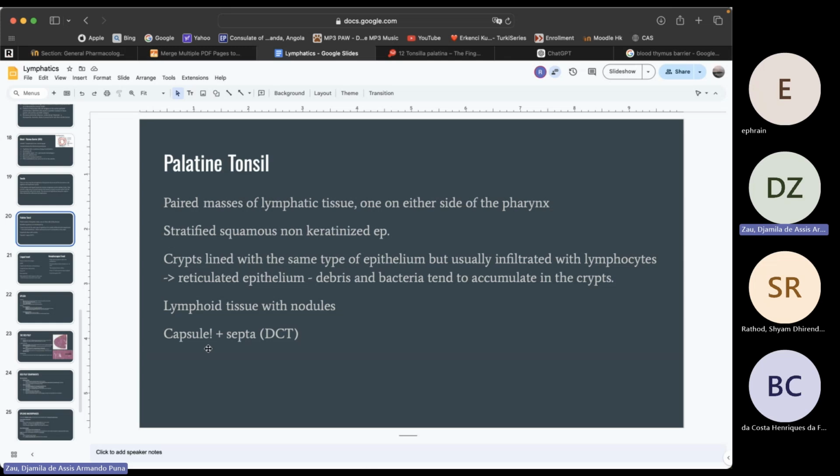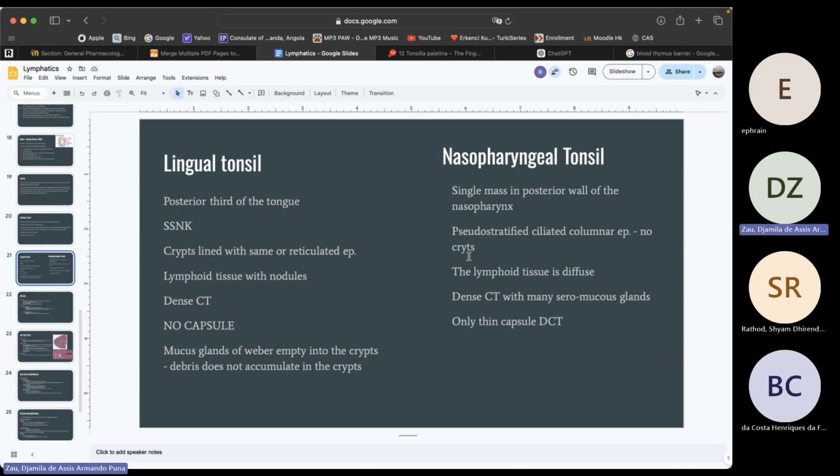And note that the palatine tonsil has a capsule and dense connective tissue making up the septa. Then you have the lingual tonsil and nasopharyngeal tonsil. Lingual tonsils are in the posterior third of the tongue. They're also stratified squamous non-keratinized, also have crypts that food and bacteria get stuck in, and dense connective tissue forming septa.